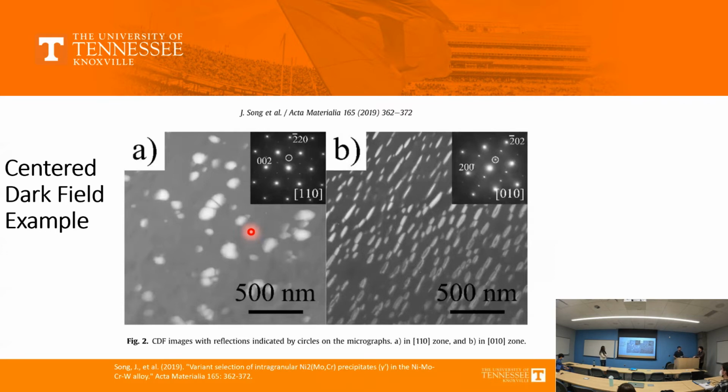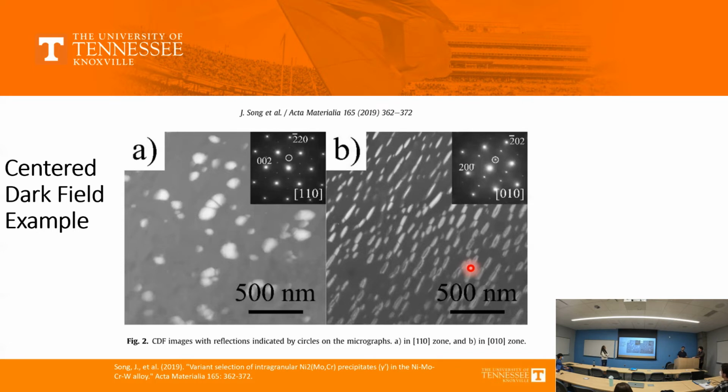Here's a centered dark field example. This is a commercial nickel alloy, Haynes 244. It is a heavily alloyed nickel alloy with an FCC matrix, and it has orthorhombic precipitates of the Ni2Mo stoichiometry. You can see here, depending on the zone axis you're looking down, as shown by the selected area diffraction patterns in the insets, 110, 010, you can get very different information about the same precipitate network.